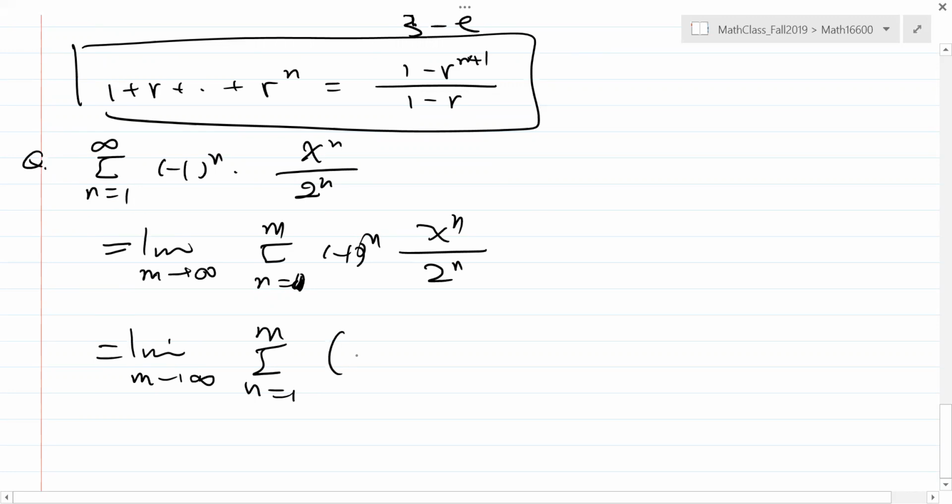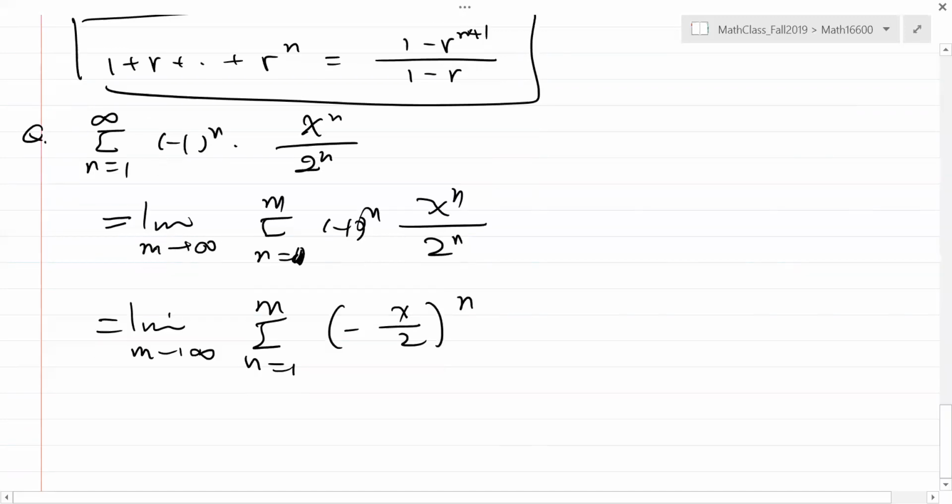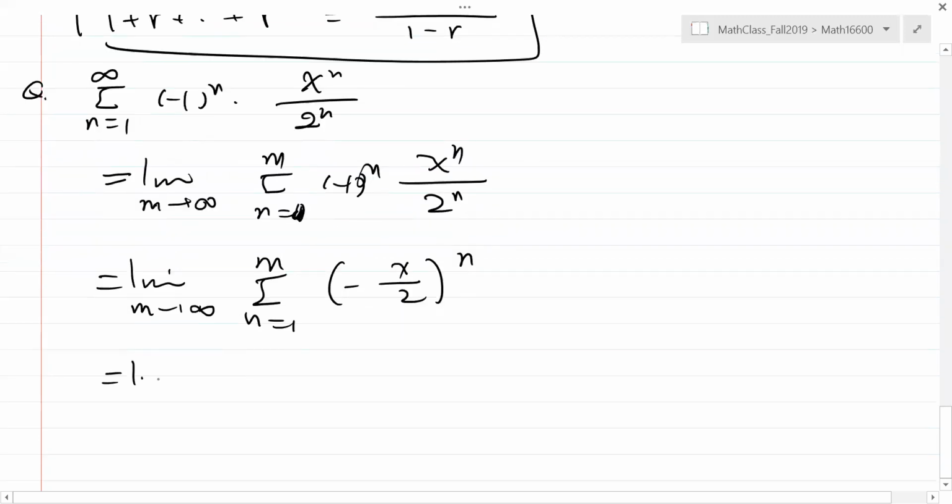You can express it in the form like this. In order to apply the above formula, you have to begin with a 1. But this time, you begin with r. So you can take one term out.